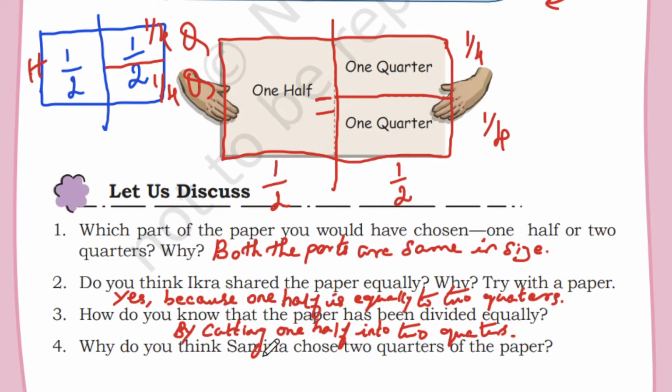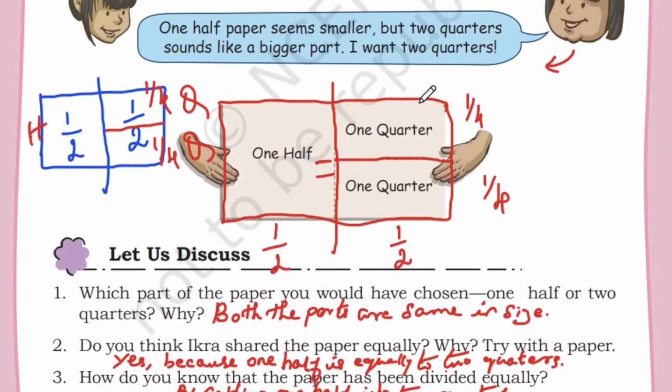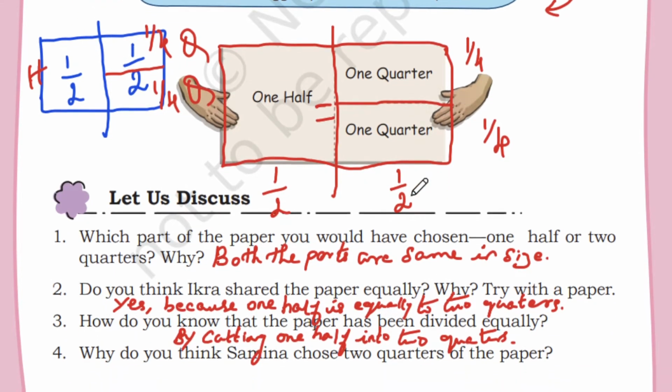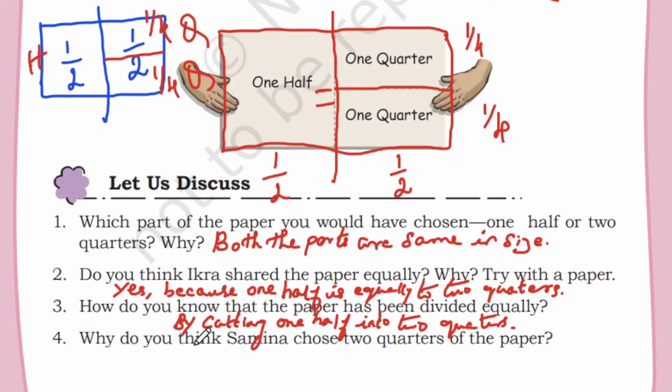Okay. Do you think Samina chose 2 quarters of the paper? Yes, Samina chose 2 quarters of the paper because she thought that that is the bigger part.